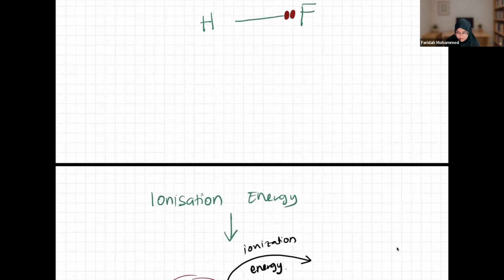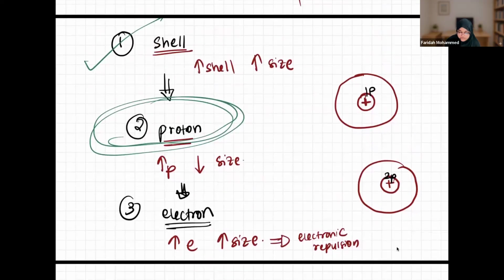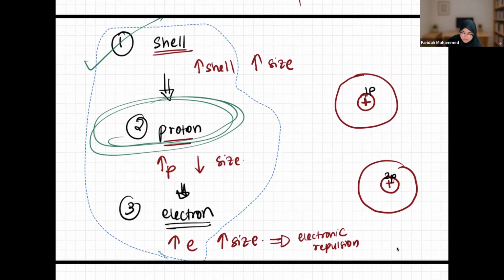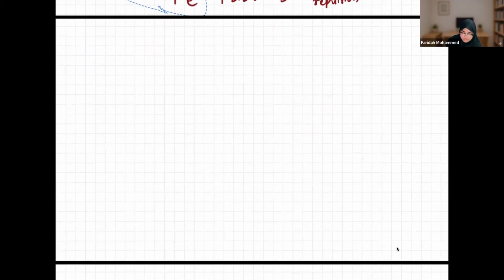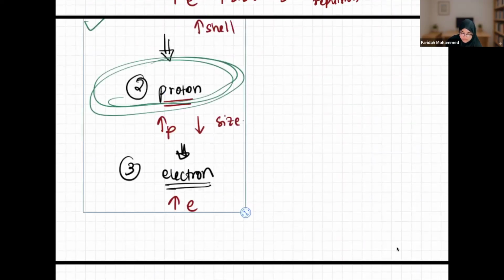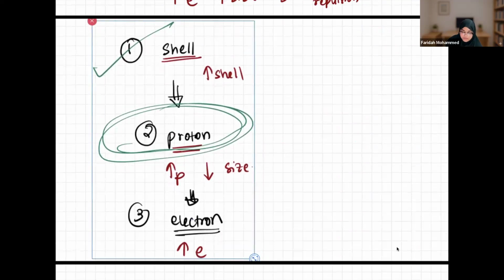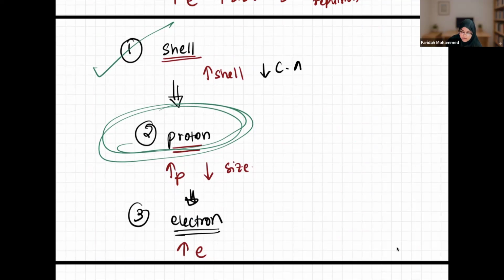I'm going to make this one a little bit better. Instead of size, we're going to redo this in terms of Coulombic attraction. Higher number of shells, the Coulombic attraction will go low, because the distance is more.